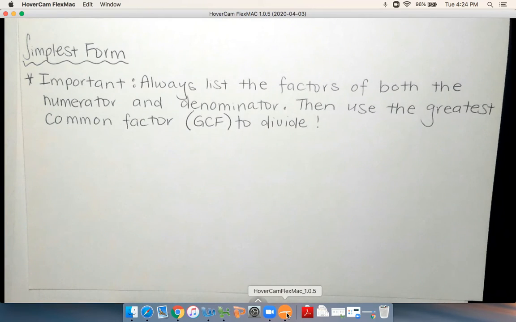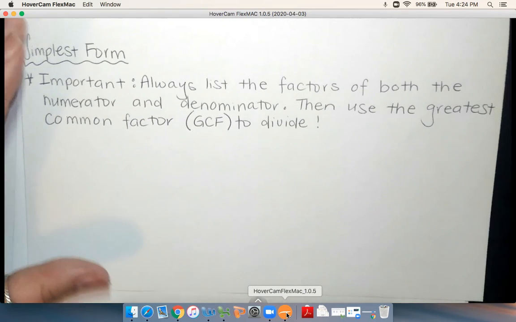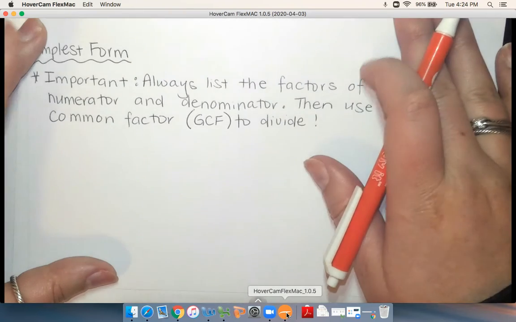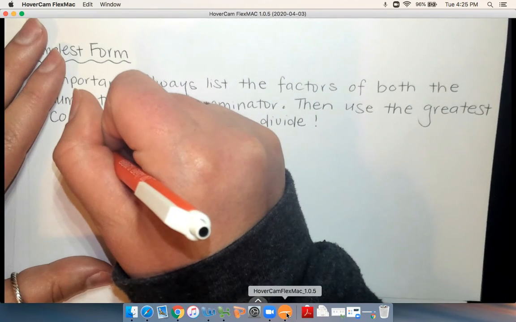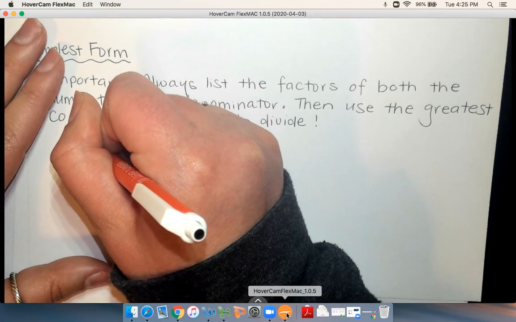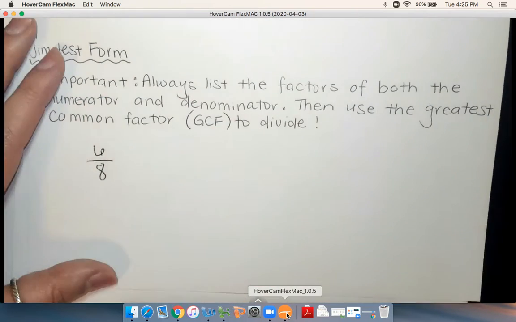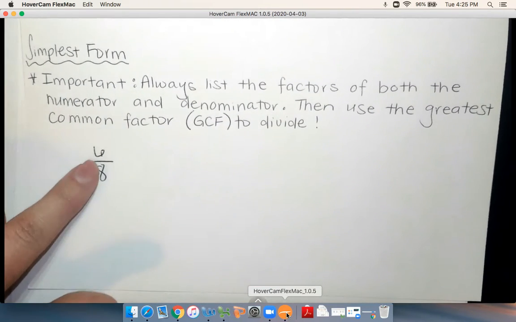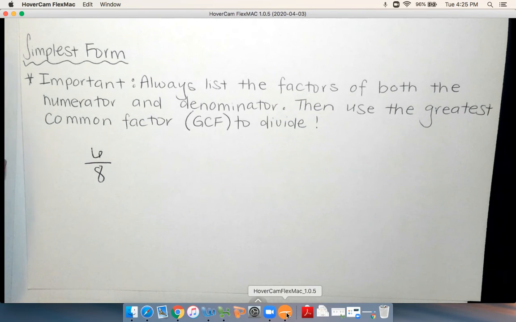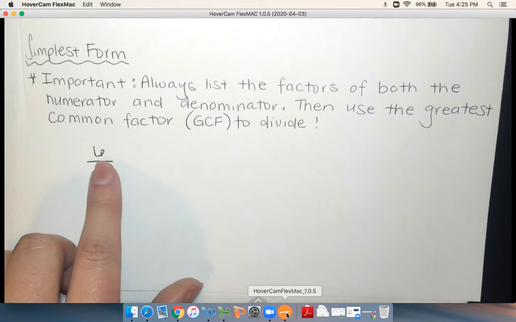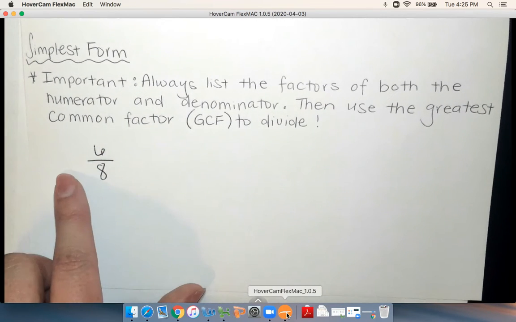Sorry about that. If I picked a number like, how about 6/8? If I was asked to put 6/8 into simplest form, I would need to first find all of the factors of 6 and then all of the factors of 8.